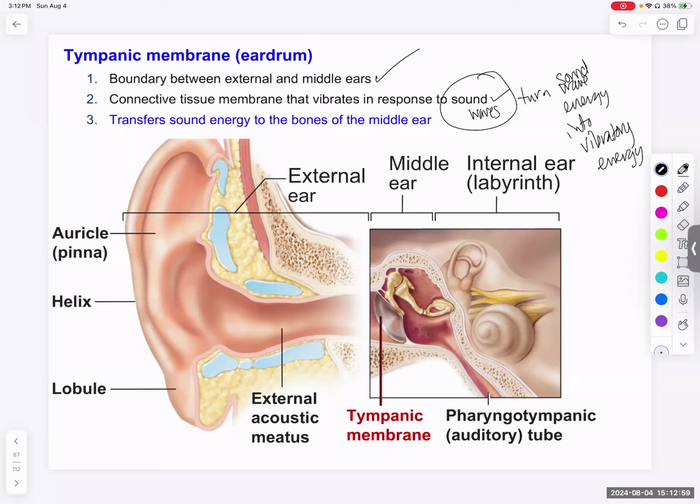It's an energy transducer. And so that's that transferring sound energy to the bones in the middle ear. It's transferring sound wave energy to the vibrations of the bones of the middle ear.